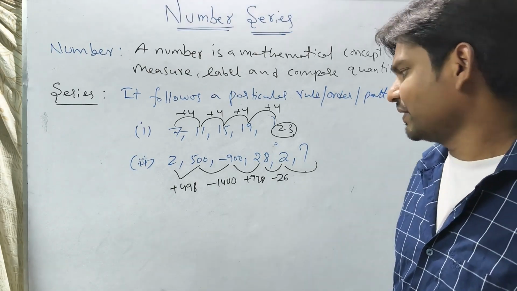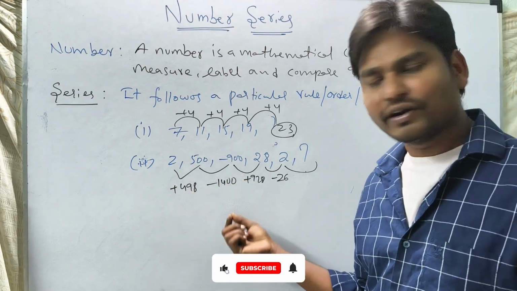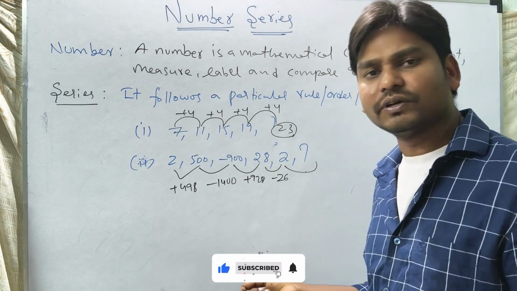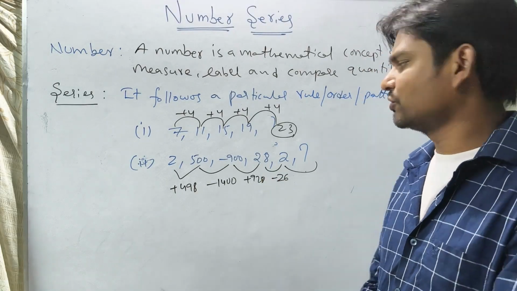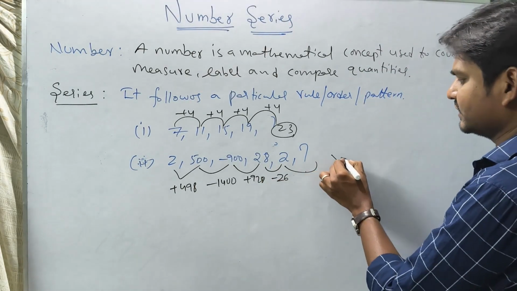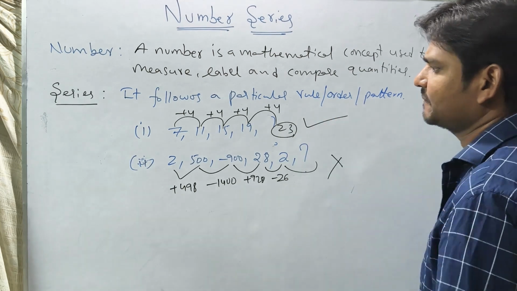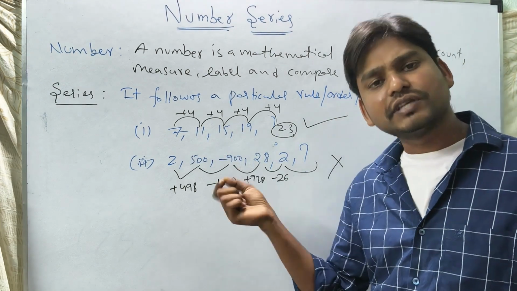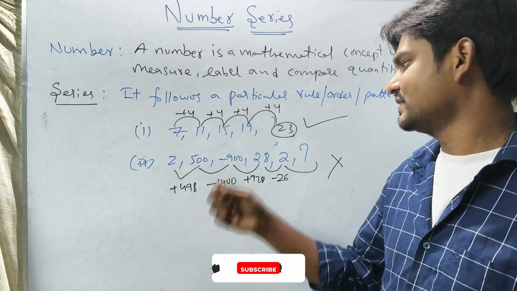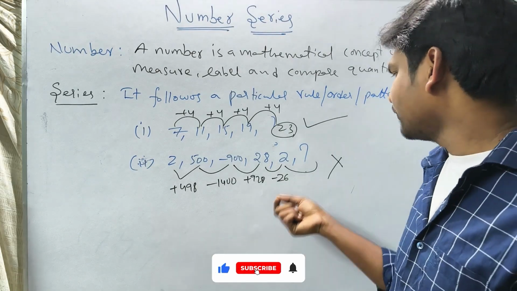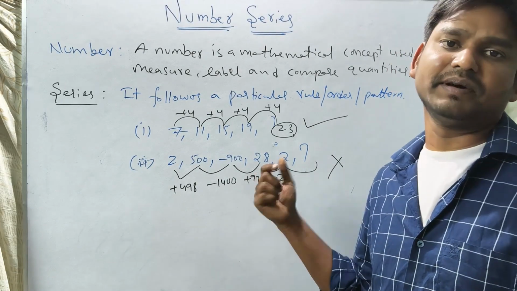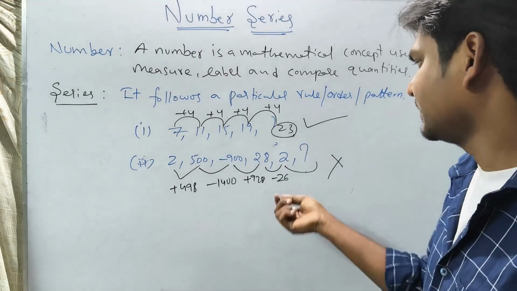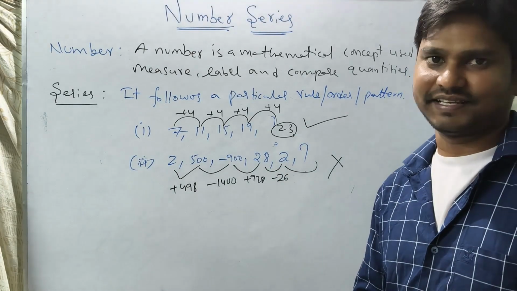No, because here we add 498, here we subtract 1400, here 928, not following any pattern. So this is not a series, while the other is a series. When numbers follow a particular order, that is a number series. When they do not follow any particular order, it is a non-number series.